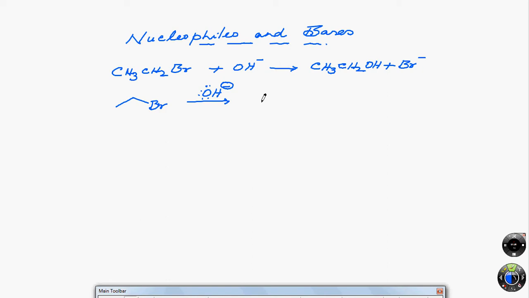So this gives OH, now there are two pairs of electrons, plus Br minus.